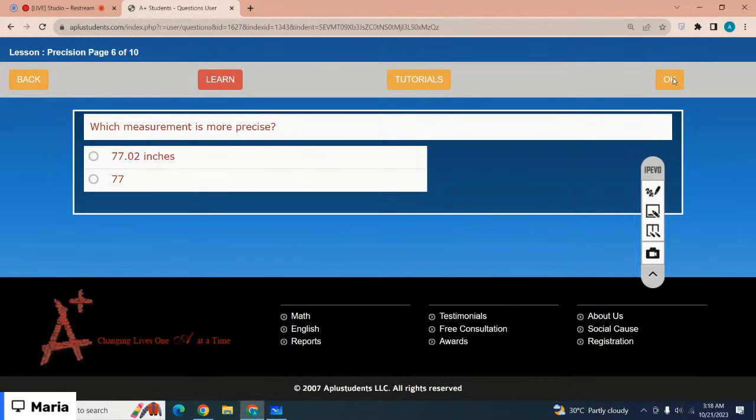Which measurement is more precise, 77.02 inches or 77?